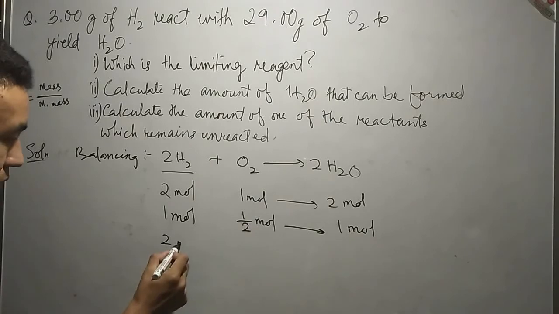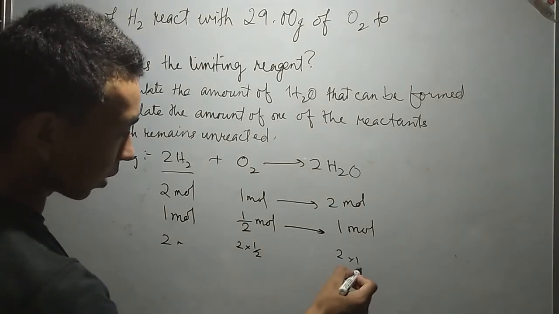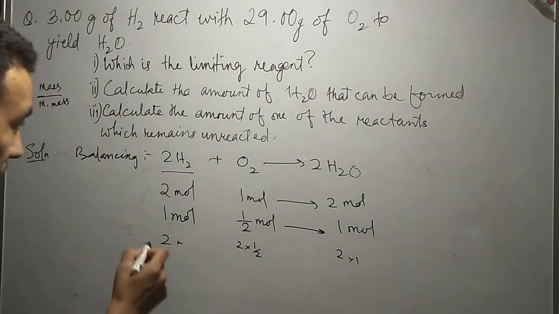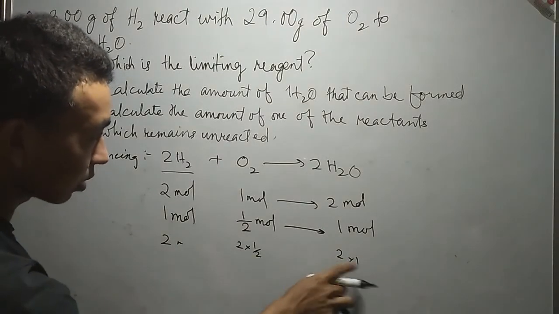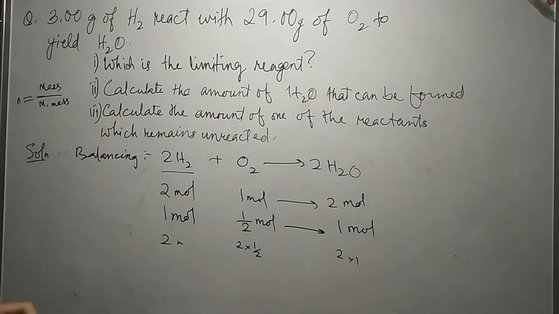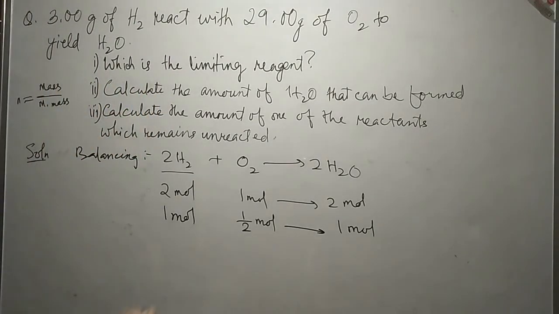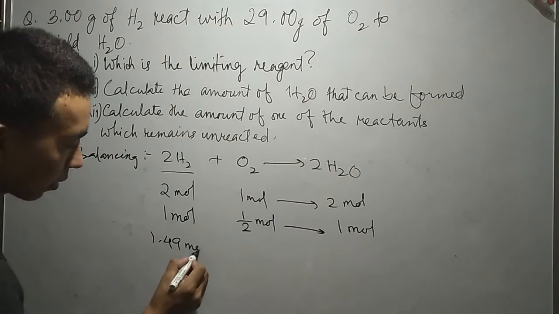If we use 2 mole, we multiply by 2 and get back this one. If we have 3 mole, we multiply by 3 and get 3 mole of water molecule.